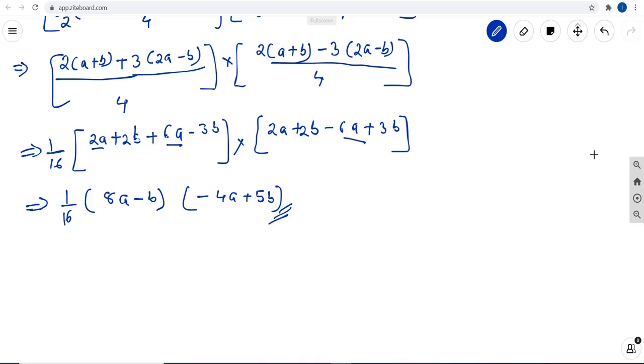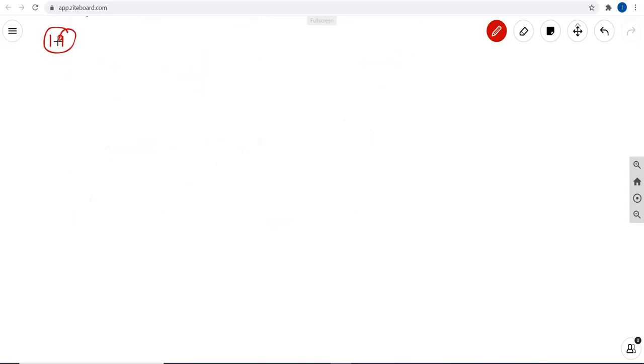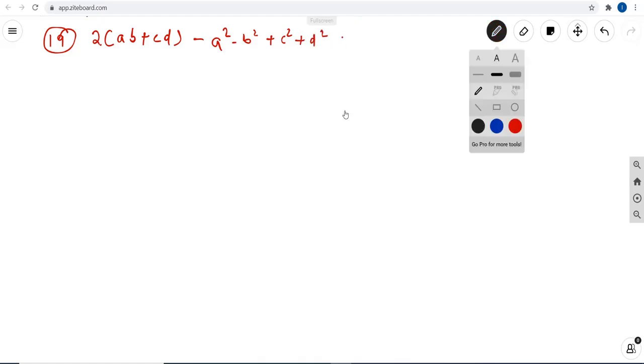So we'll go for the next problem. Problem number 19 is given as 2 into (AB plus CD) minus A square minus B square plus C square plus D square. So this is the problem given. Start solving this.